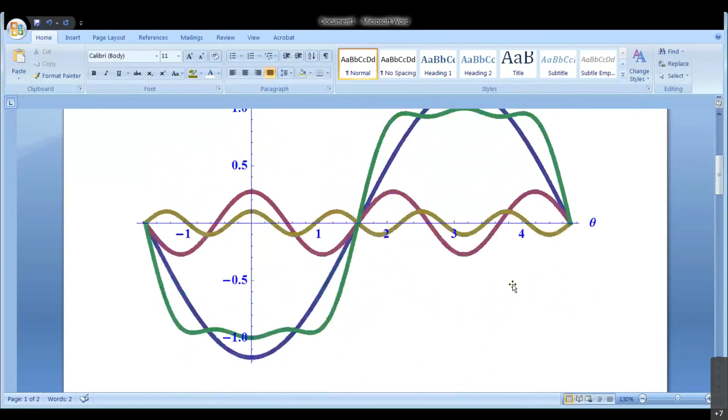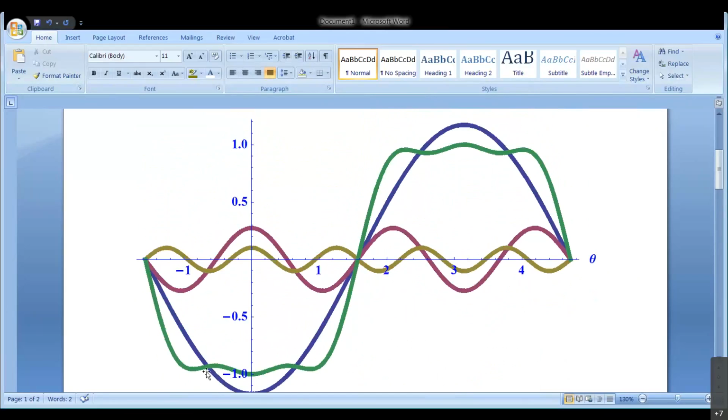So here you can see that if you add these, blue color is the fundamental, maroon color is the third, and this olive color is the fifth one. And if you add them, you will see that the resultant waveform, which is green, is more flat at the bottom and the top, but with slight ripple.